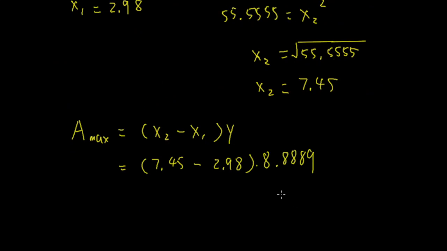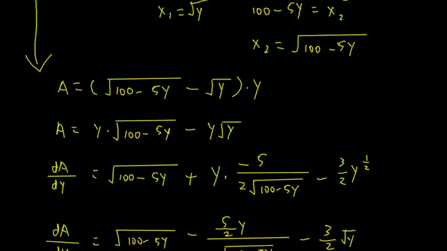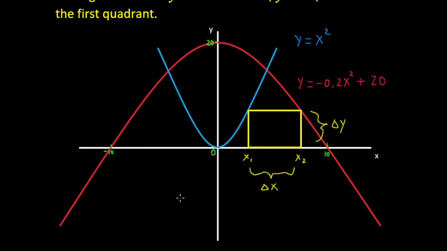Let's round this to 2 decimals, 8.89. So 7.45 minus 2.98 times 8.89 is around 39.74 square units, because this is area. So this is the maximum area of the rectangle bounded by these two curves and above the x-axis.